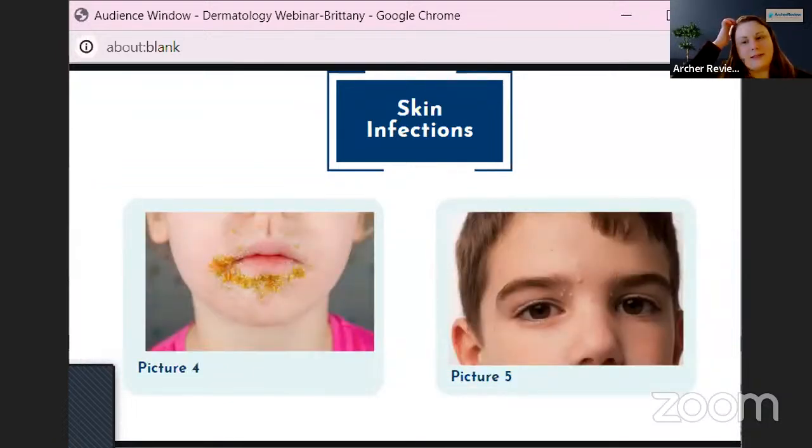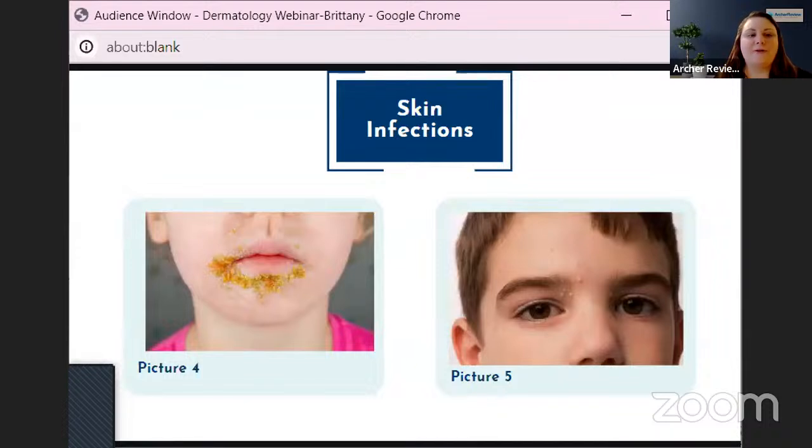All right, let's take a look here. We have picture 4. So anybody seen a kid like this in clinic coming in, looking like they have some stuff on their face? Anybody have any guesses for what that one might be? That's right, that's impetigo.